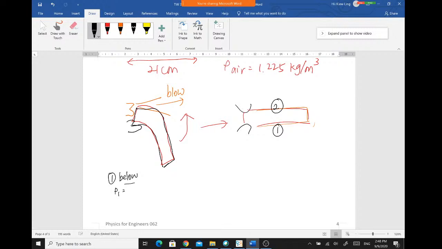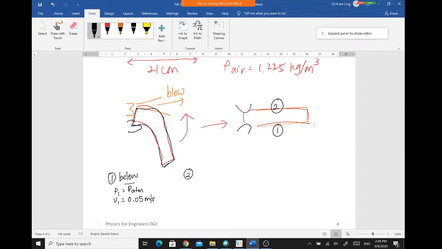The absolute pressure at point 1 is atmospheric pressure, so just put down atmospheric pressure. And the velocity, if you are in a normal room with dry air, is around 0.05 meter per second. That is the information that we have.